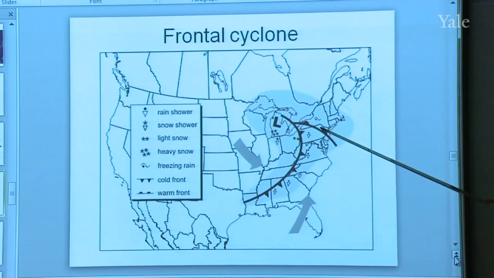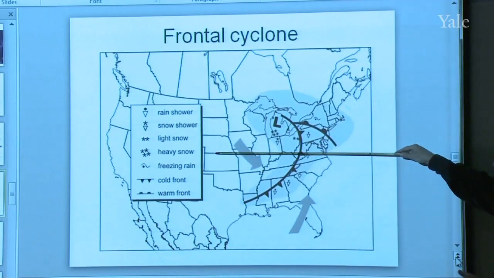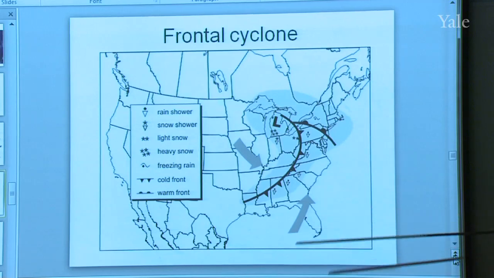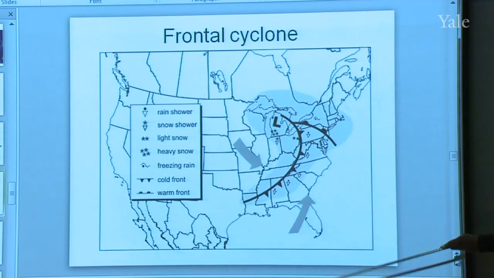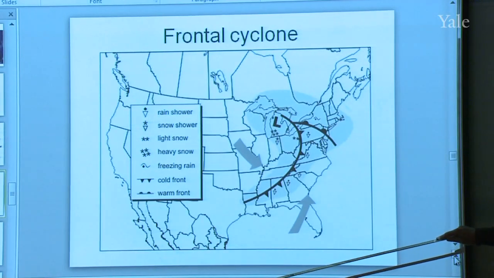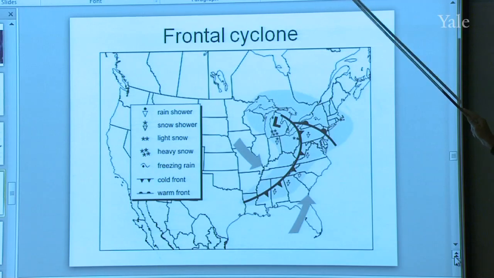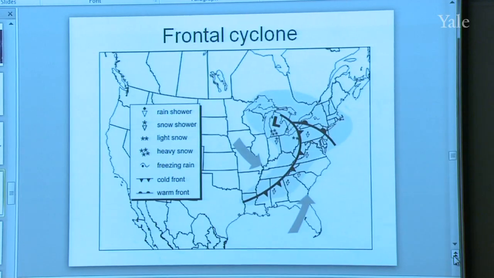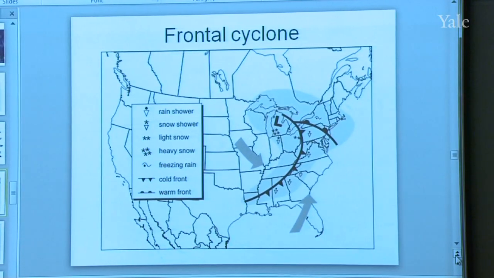Because you're pushing warm air northward and cold air southward, there's a net amount of heat being carried northward, and that helps to balance the excess solar radiation near the equator and the deficit of solar radiation and emitted radiation near the pole. So this plays a big role in the general circulation as well.